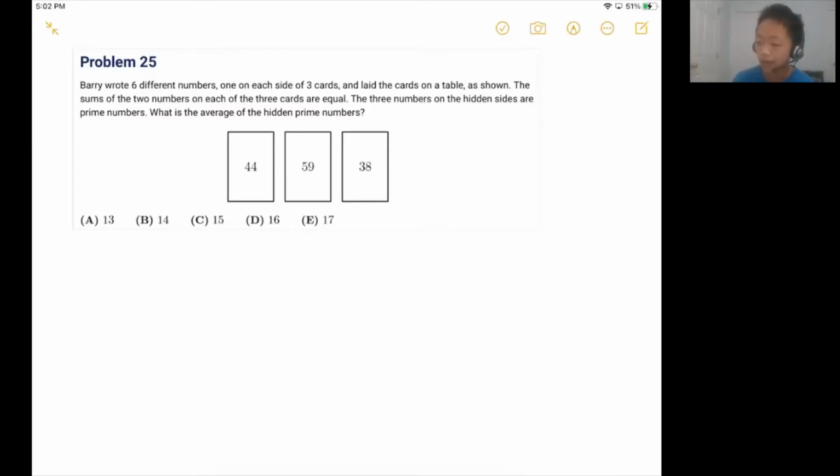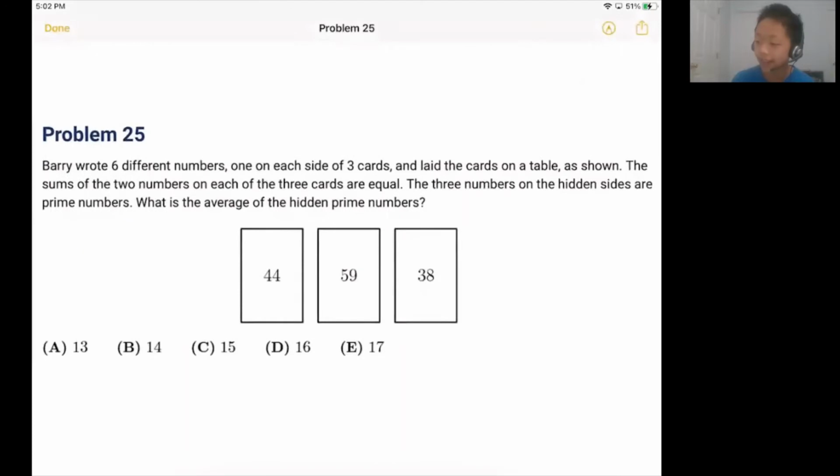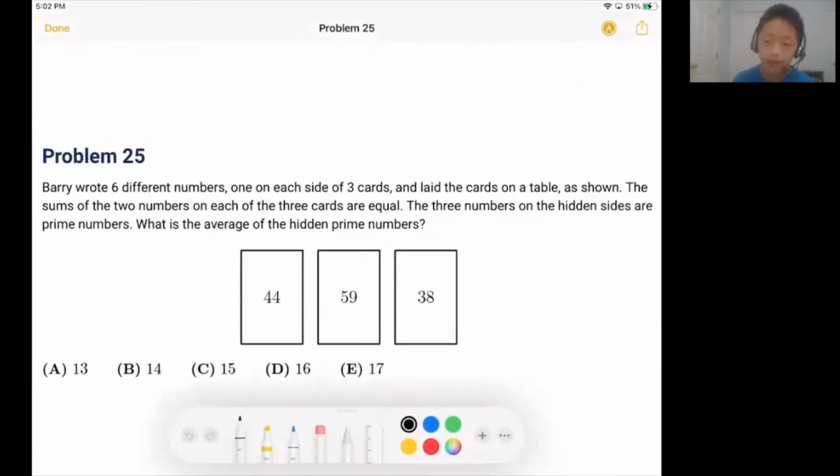So for this question, the idea is, let's say the numbers on the other sides were, let's call them X, Y, and Z, because maybe we're more familiar with X, Y, and Z. So let's say on the other side, the 3 numbers are X, Y, and Z. So we know that the sum of the 2 numbers for each of the 3 cards is going to be the same.